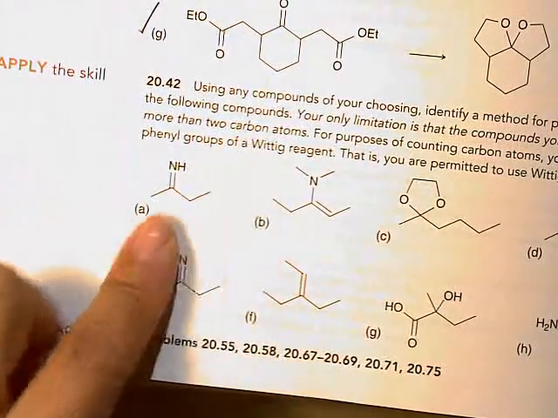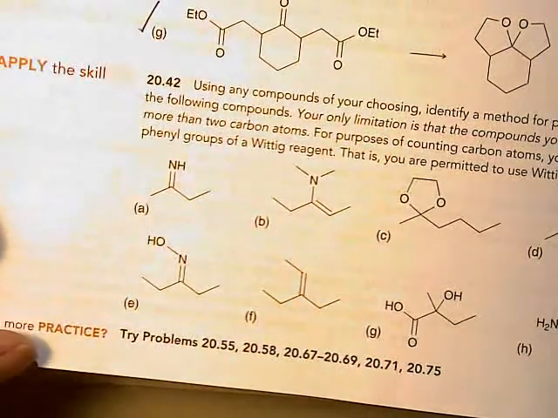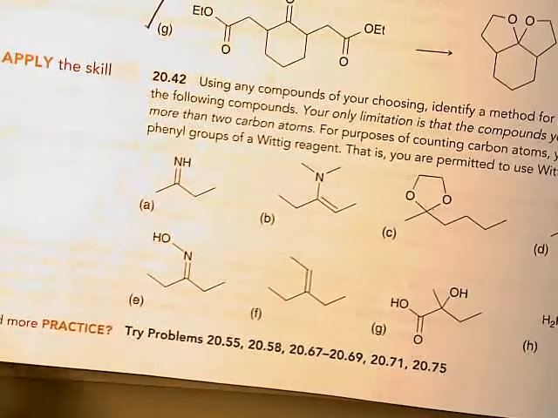So that's the limitation, but you could start with any starting material that you desired. All right. So I am just going to do one of these problems with you, just to kind of go step by step, and hopefully the rest you could do yourself.